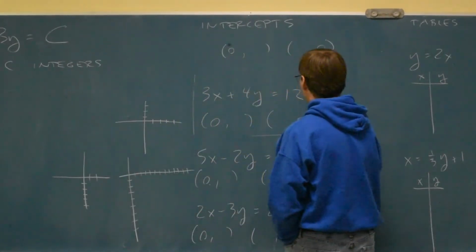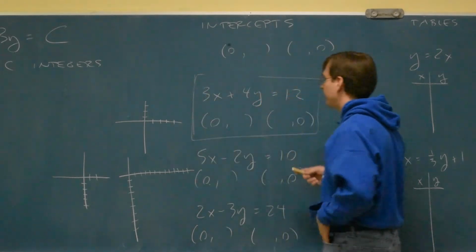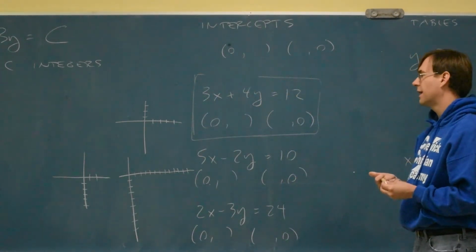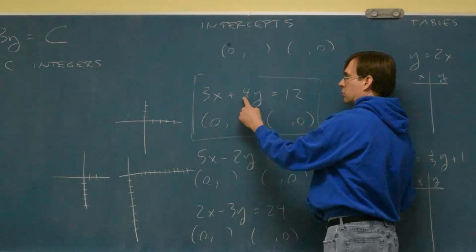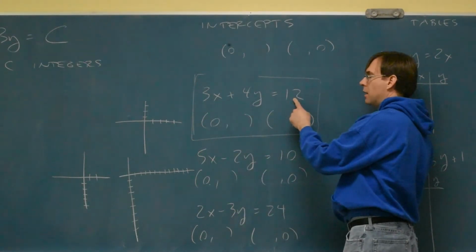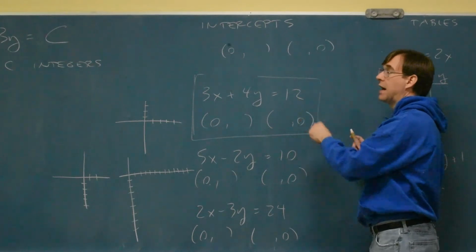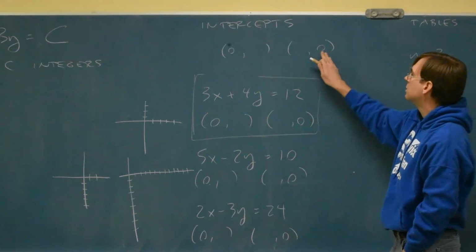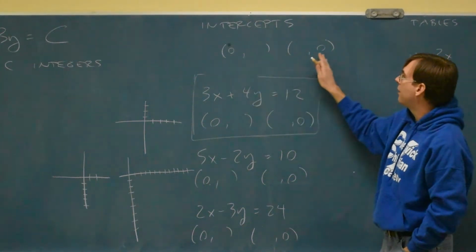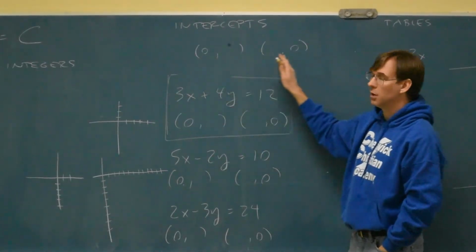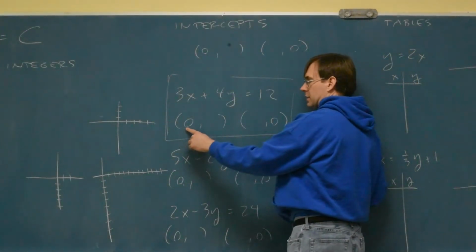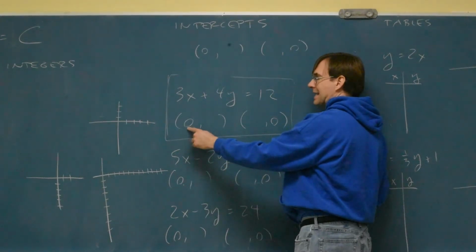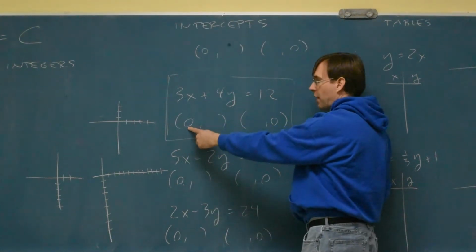So here's a problem that I can do intercepts for. What's a good thing to look for is if both of the numbers with the variables can go into the other number, that's a good problem to try to find these intercepts. Again, intercepts mean one or the other of the numbers is 0. So if I want to seek out this answer, this means that x is 0 because x is always first.